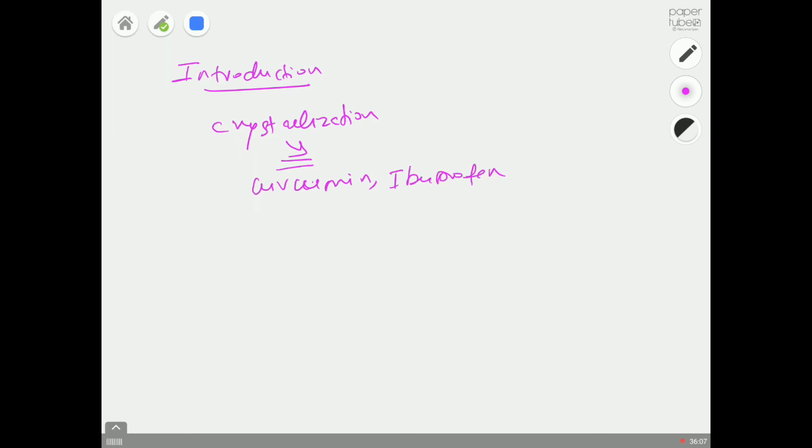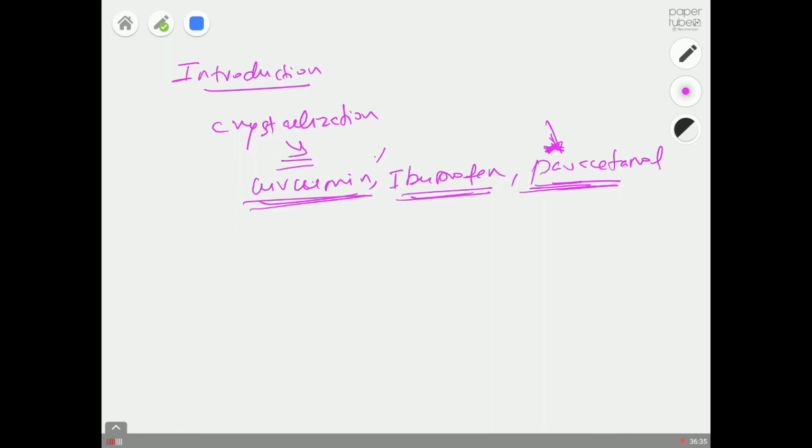There are loads and loads. Paracetamol is the most studied compound in the field of crystallization. I mean, in organic compounds, paracetamol is the most studied material.